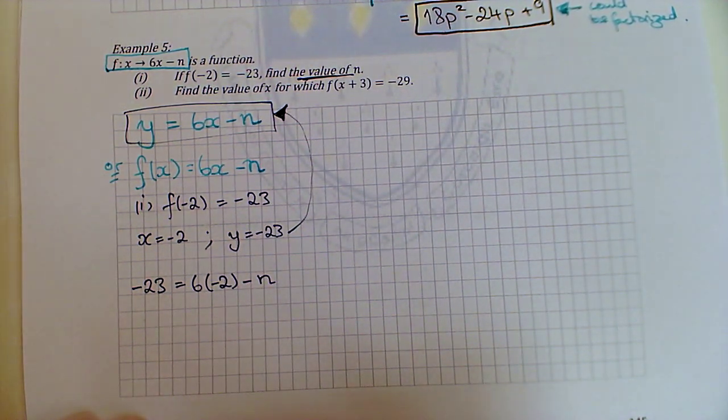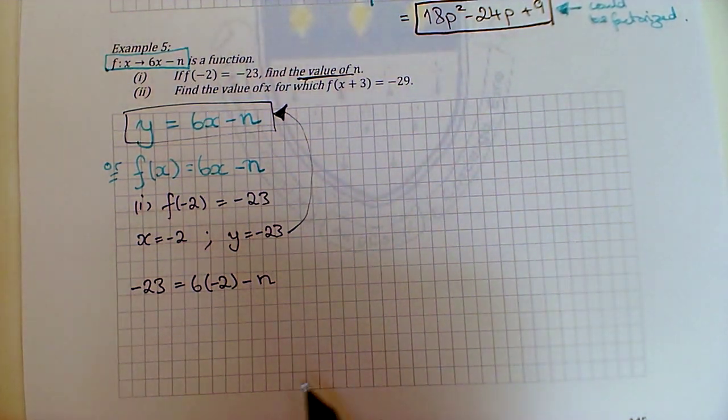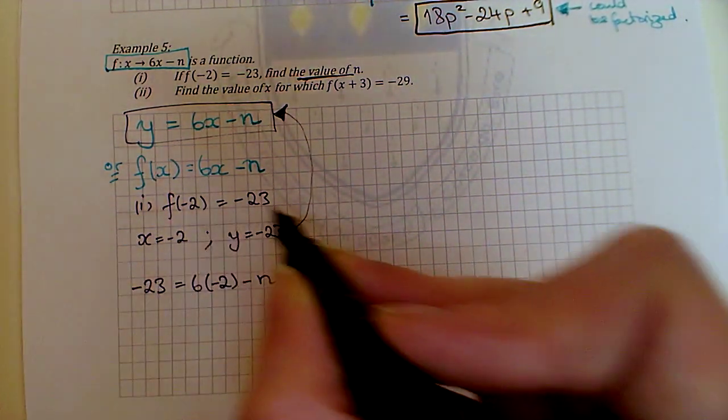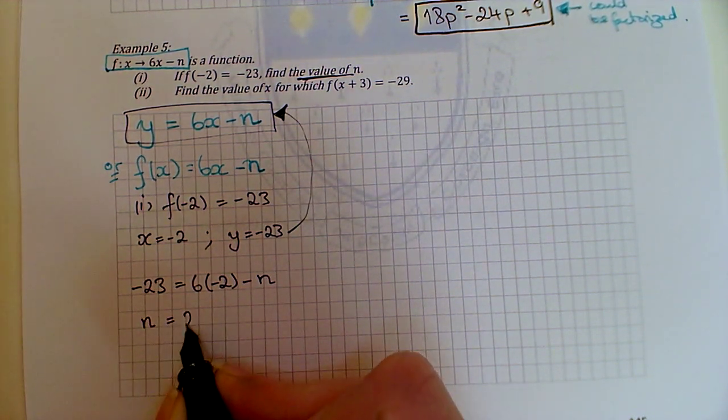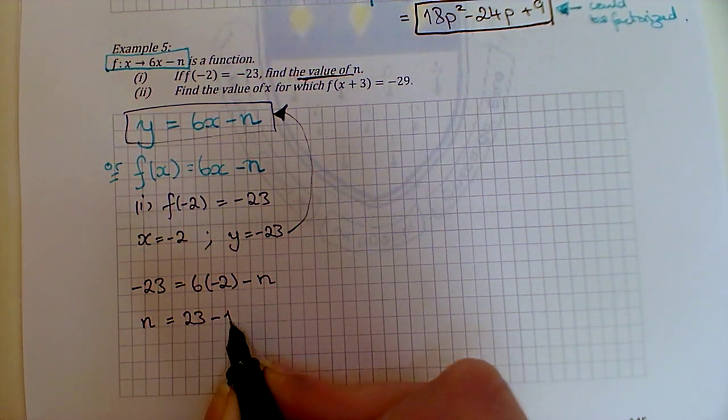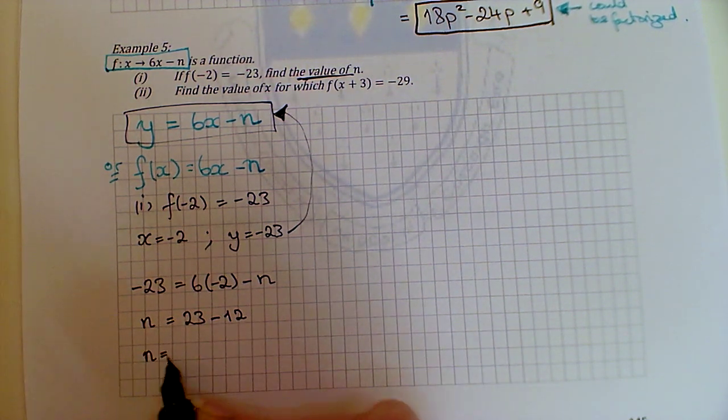So I've got an equation there, and let's manipulate this, bring the unknowns to this side, bring the numbers to this side, and we have n is equal to 23 minus 12. So n is equal to 11.